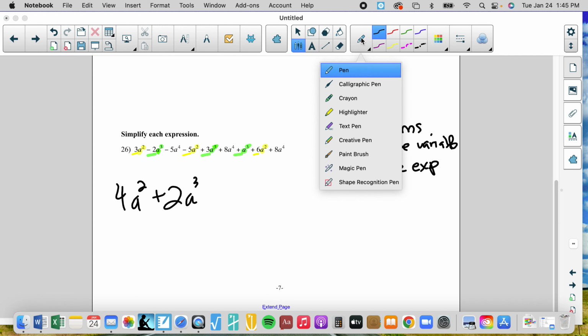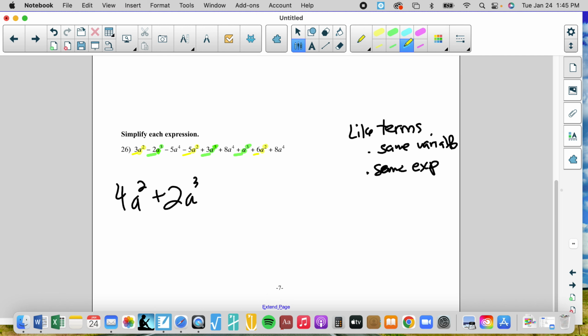Now I'm moving down the line. My next variable, a to the fourth, a to the fourth, a to the fourth are all like terms. I'm going to combine their coefficients, -5, +8, +8, which gives me 11a to the fourth.